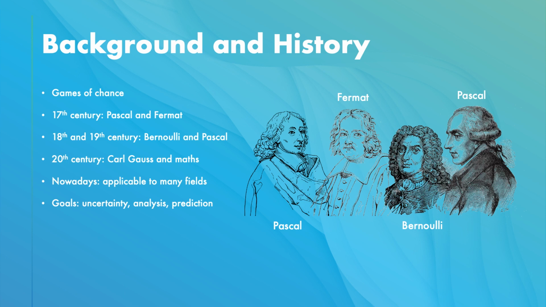First is to handle uncertainty, to make sure that we can handle something that is random, events that are random. But also it's important to analyze data, because we always look at the past data to try to project and to predict the future. And that is the third goal, to do prediction.